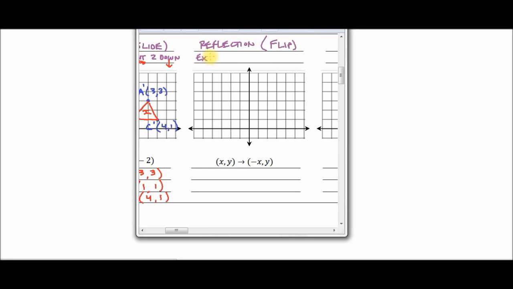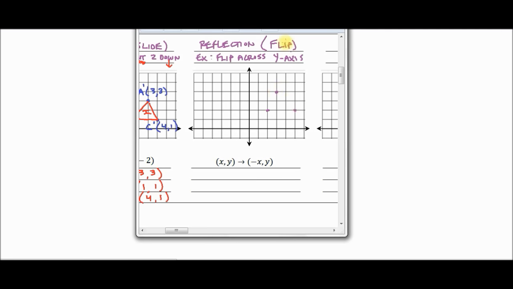How about if we do an example, let's flip across the y-axis. So flip across the y-axis. Let's start off with our original triangle here. I'm going to pick a point here. Let's say here's 2, 2. Let's go up to here and go down to here.